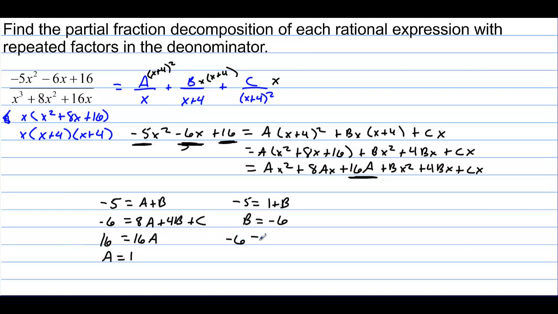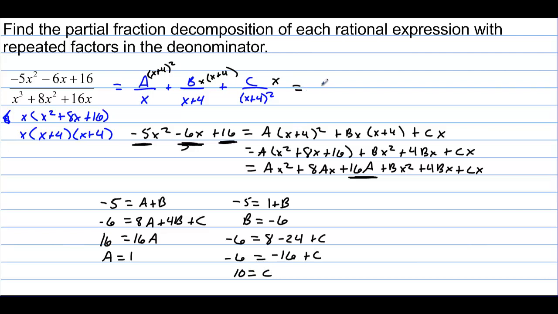Well, now if we know a and b, we can find c. Negative 6 is equal to 8 times a, which is 8, 4 times b, which is negative 24, and then we have plus c. Negative 6 is equal to negative 16 plus c, and then when we add 16 we get 10, so c is 10.